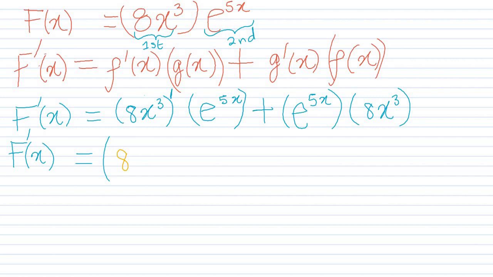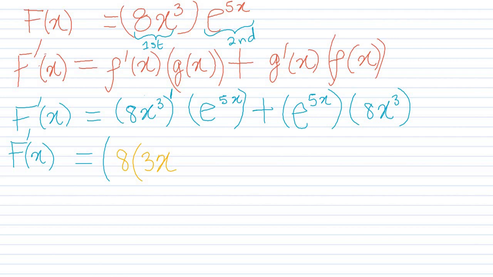So basically, I'm just going to drop the 3 down here. You drop the power, or the exponent of the variable, down. So that's going to be 3. I dropped it down in front of x. And then I'm going to decrease the power of the variable.